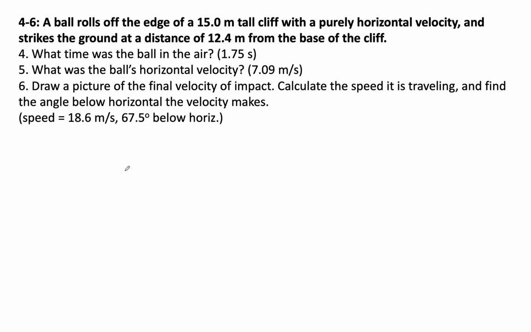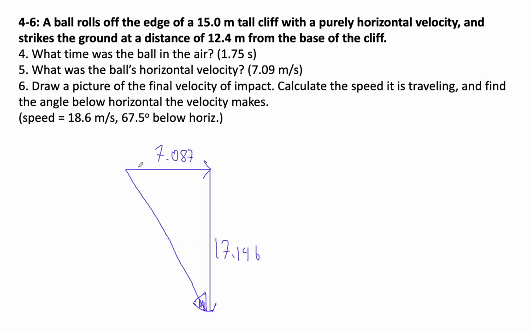So the velocity of impact is over 7.087 and down 17.146. Be sure you draw this as an arrow. Make sure you label which angle you're going to find. So that angle right there is tan minus 1 of 17.146 over 7.087.